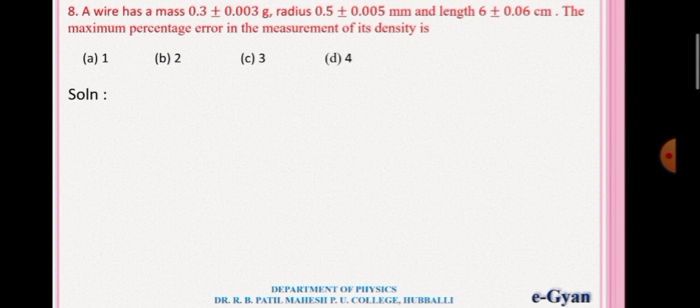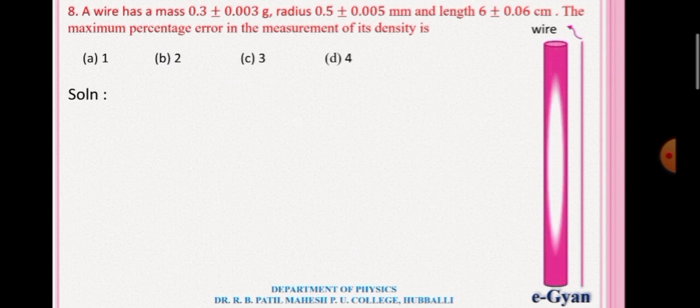Okay, in the question, a wire is given, mass of the wire is 0.3 plus or minus 0.003 grams, and radius is 0.5 plus or minus 0.005 millimeter, and length is 6 plus or minus 0.06 centimeter.